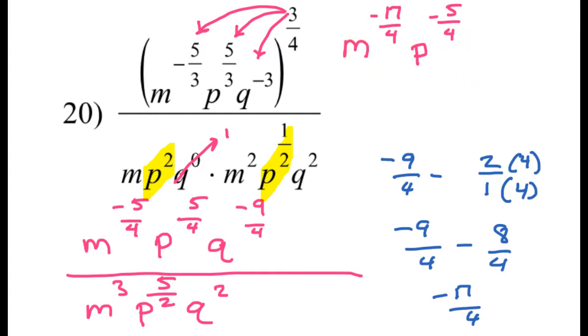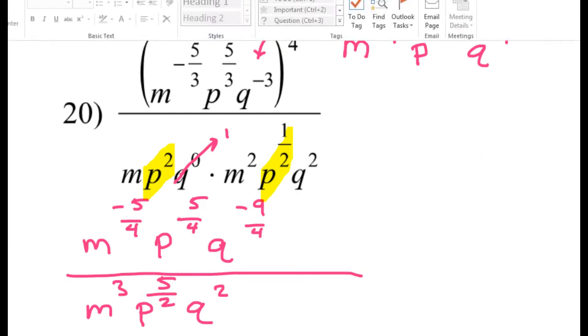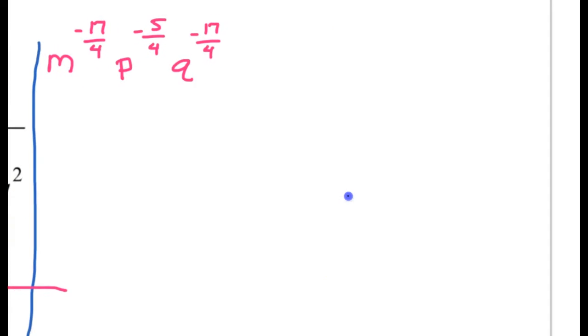So I have q to the negative 17 fourths. Okay, all of these are bad for us because we have all of these fractions with negative exponents. They will all drop down to the denominator, and then I will have fractional exponents in the denominator, and that's a no. So we need to fix that in some kind of way.